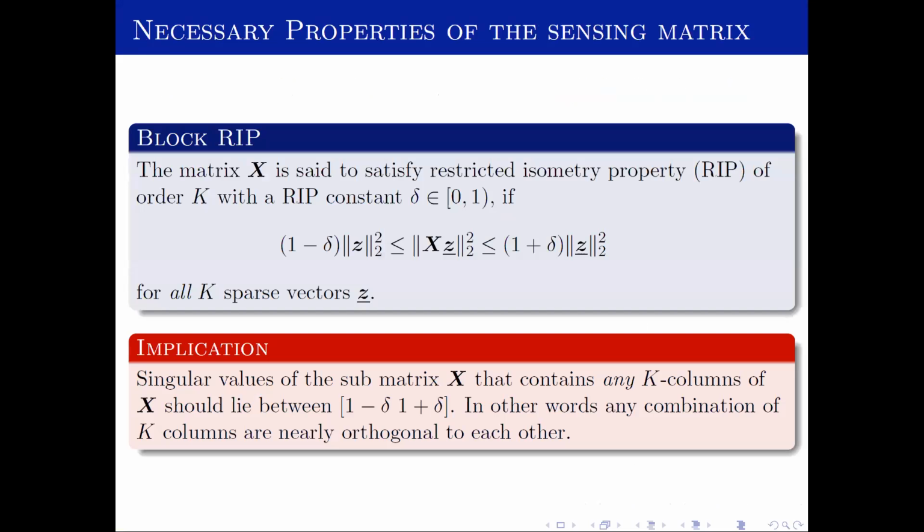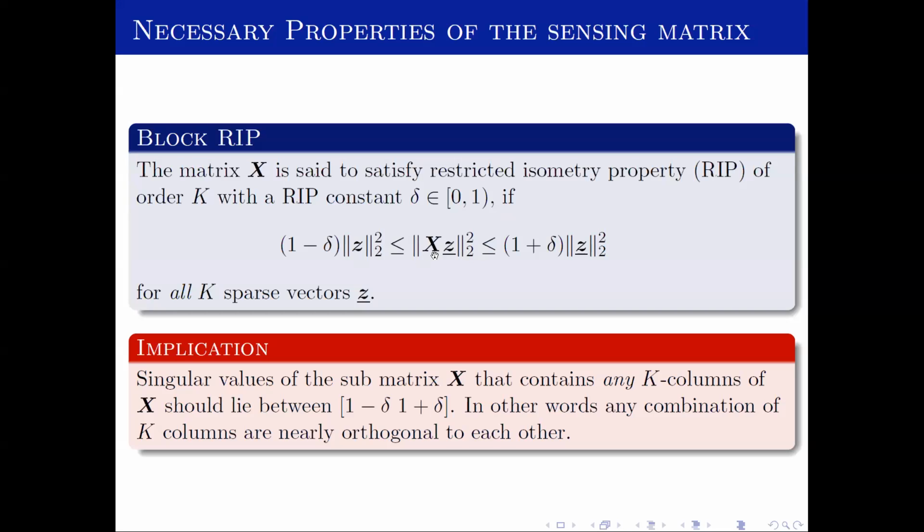I have told you that the matrix has to have certain properties. What are those properties? One property is called the restricted isometry property. This equation might look different to you, so let me tell you the physical meaning of this. You have a vector, you have a matrix X. If you multiply a vector with this matrix, that will change the length of the vector.